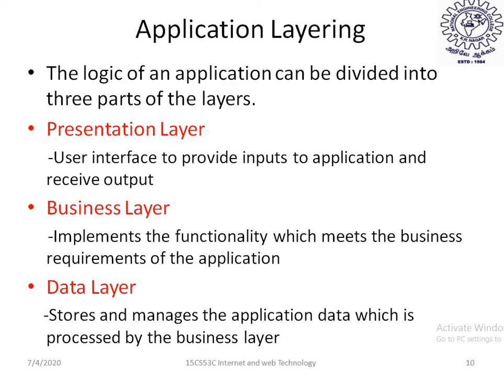This that we call as a business logic, that comes under a business layer. Data layer is nothing but all the data are getting stored in the database. The business layer should interact with the database layer to provide the necessary functions.